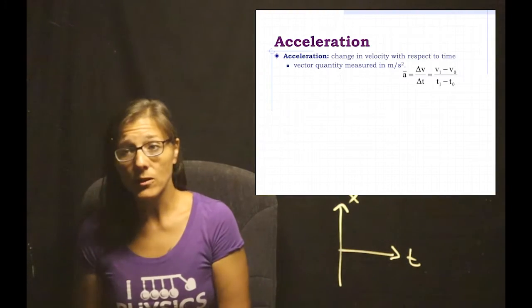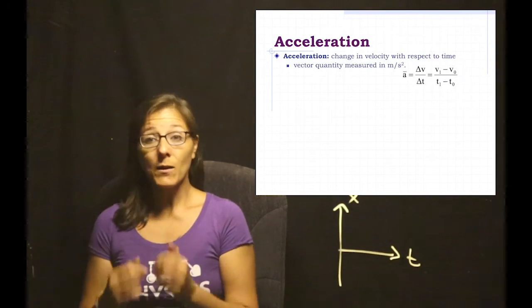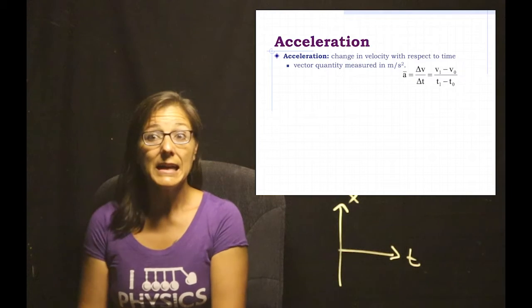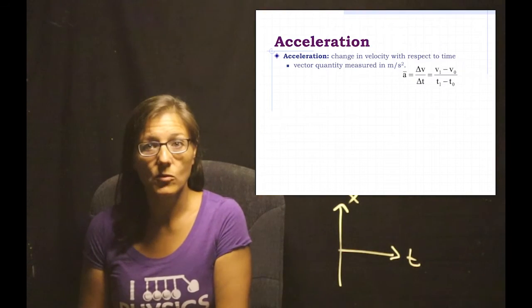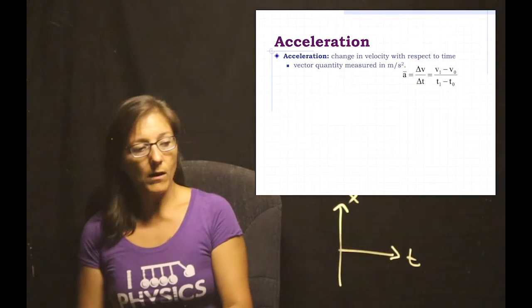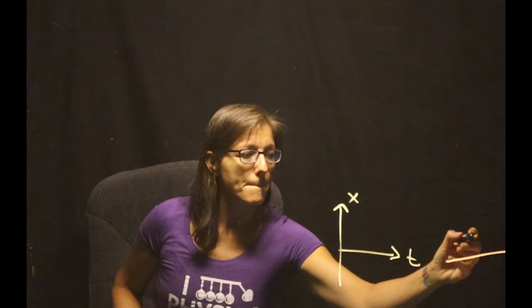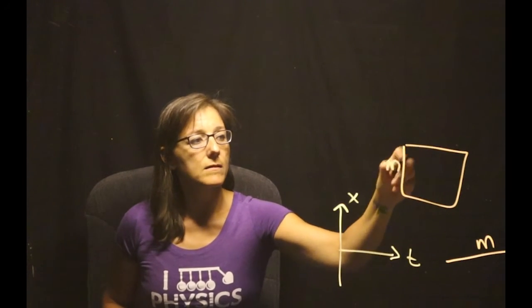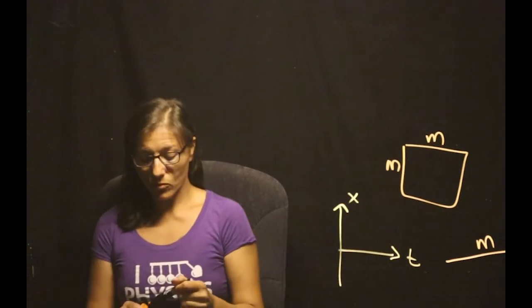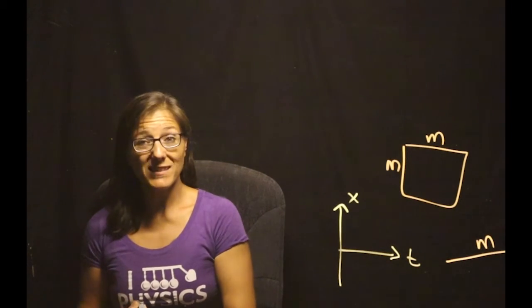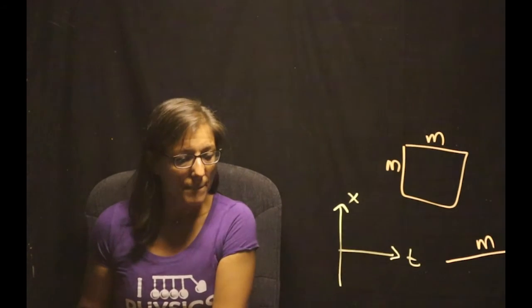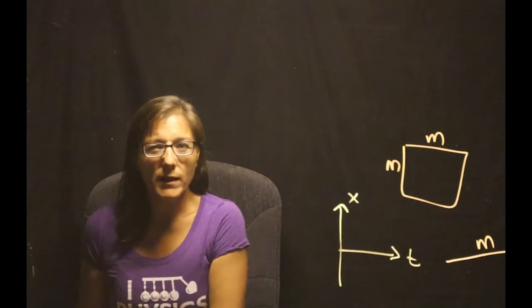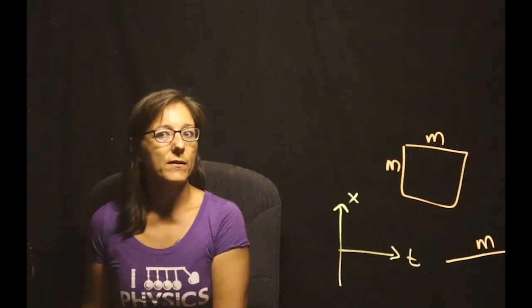We measure it in meters per second per second. I will say meters per second, not meters per second squared, because we know that a distance is a meter, and we know that an area is measured in meters squared. Time is measured in seconds, but there is no physical quantity that's measured in seconds squared.